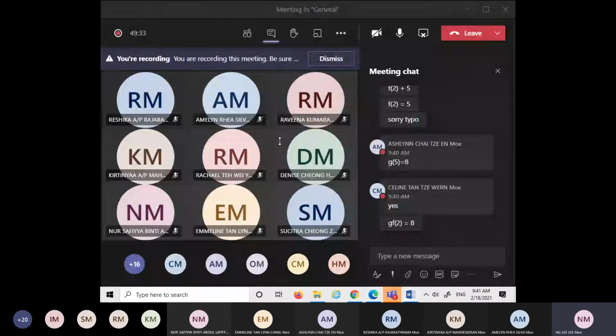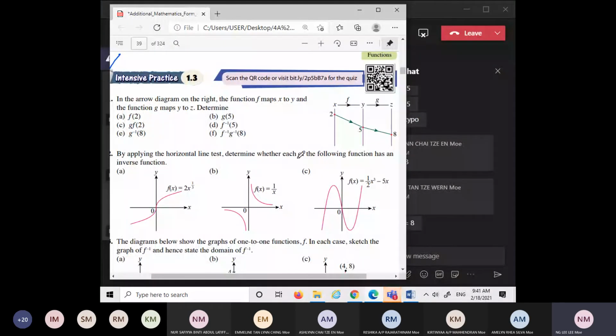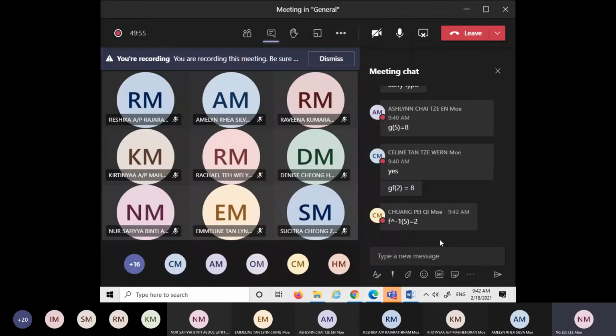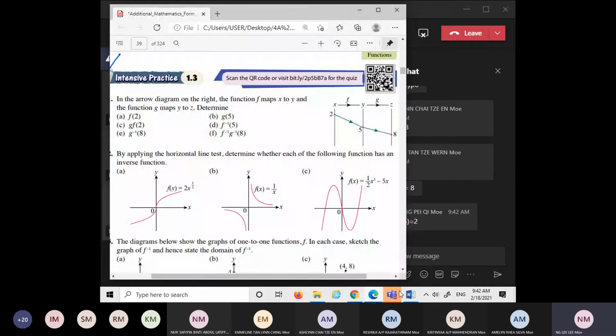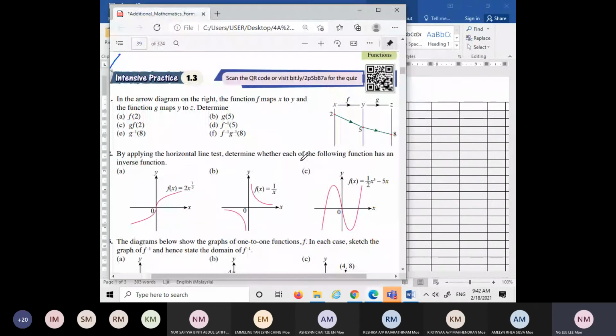The next girl, Pei Qi, please answer. Inverse for f, 5. Okay, answer 2, correct. Denise, can you answer inverse g for 8?